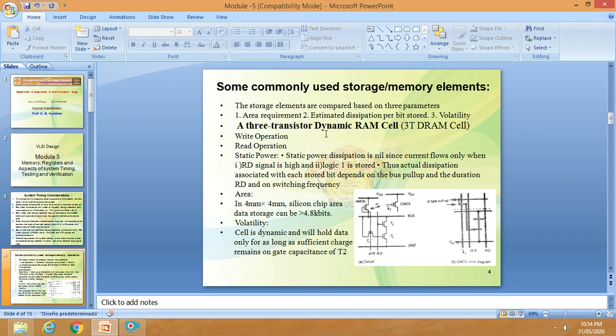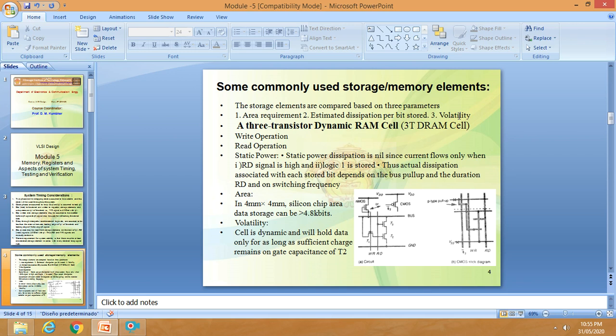All these we are going to study, and their performance will be studied on various parameters. Out of these, 3 are the most important: area requirement, estimated power dissipation per bit stored, and volatility.